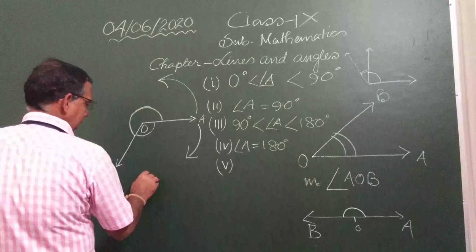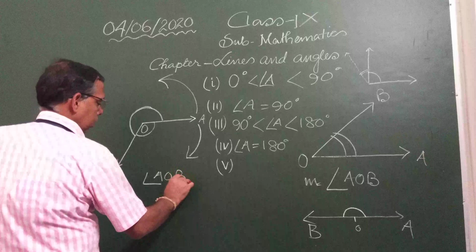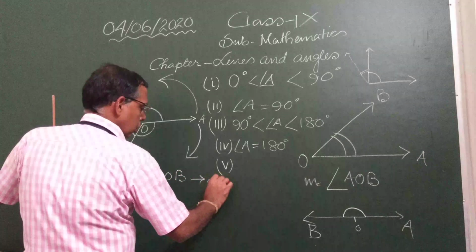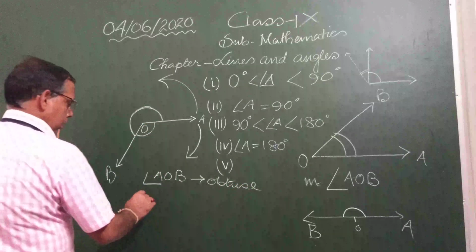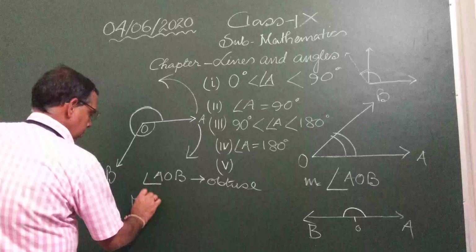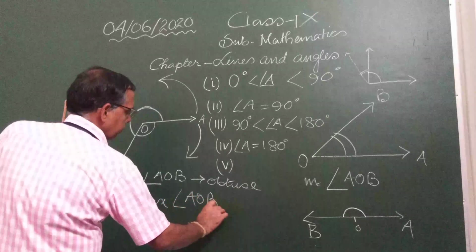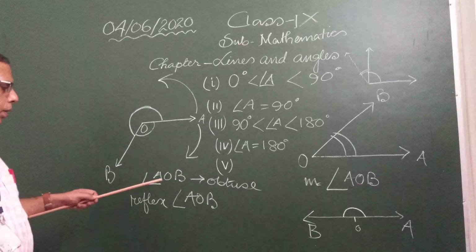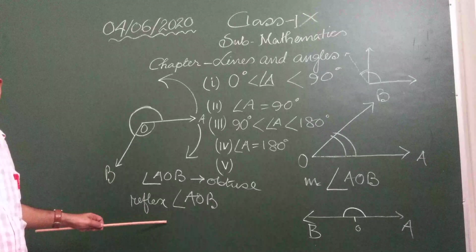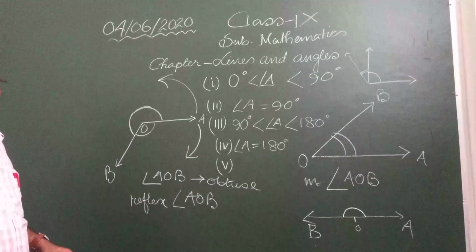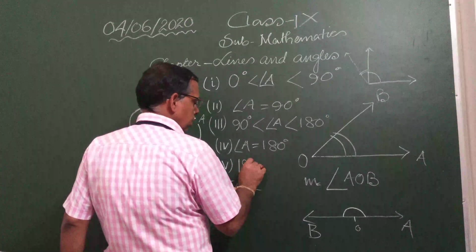See, angle AOB, this one is an obtuse angle, and this one is reflex angle AOB. If it is less than 180 degree, reflex will not come. But if it is more than 180 degree, then reflex has to come. So, what is the measurement of a reflex angle? 180 degree.